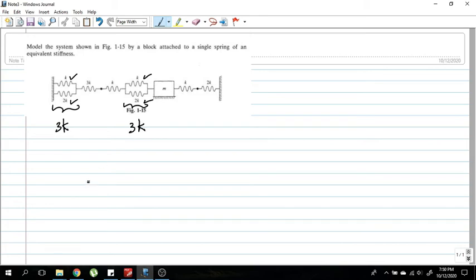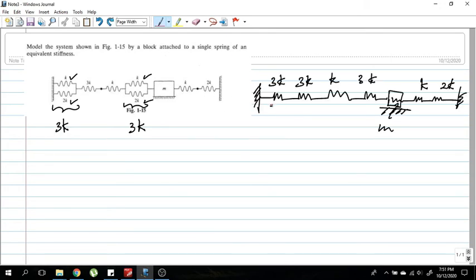Now, let me draw this. As you can see, these three springs are in series configuration and these two are also in series configuration. I'll take this as K1 equivalent and this one as K2 equivalent.